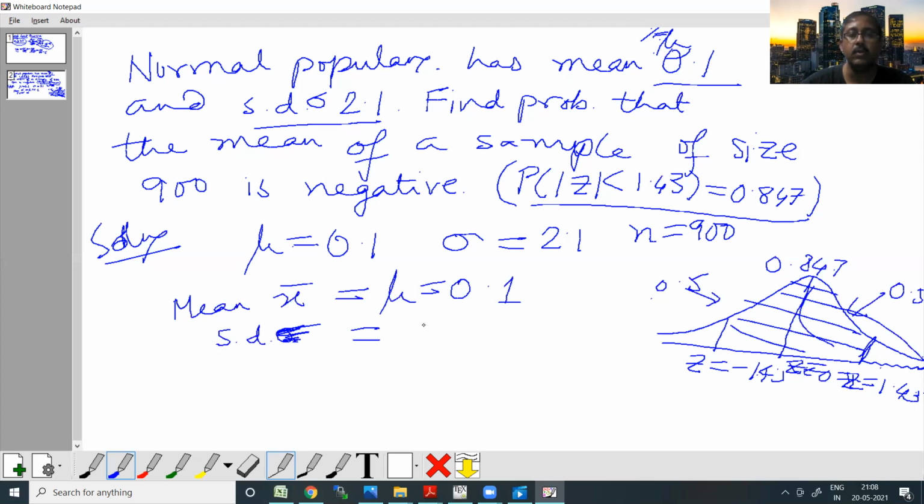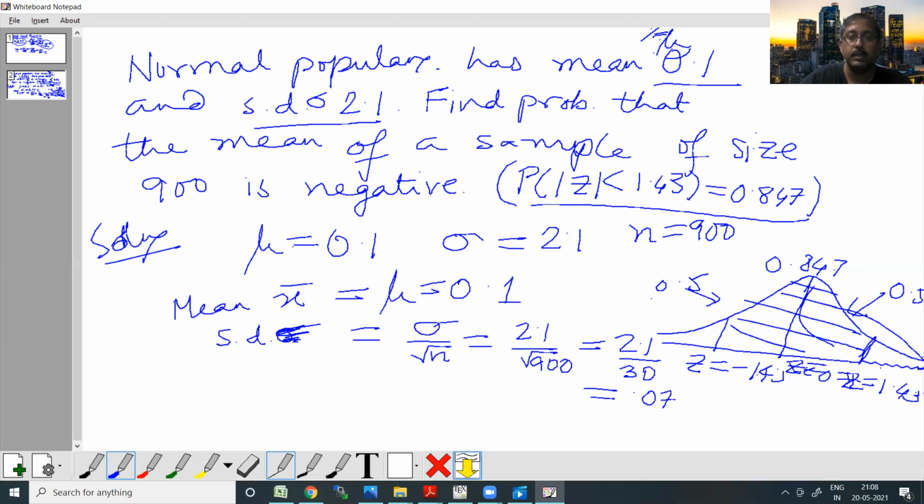The standard deviation is the standard error of the sampling distribution of x bar, which is sigma by root n, where sigma is the population standard deviation. So 2.1 divided by root 900, which is 2.1 divided by 30, which is 0.07. This is going to be the value.